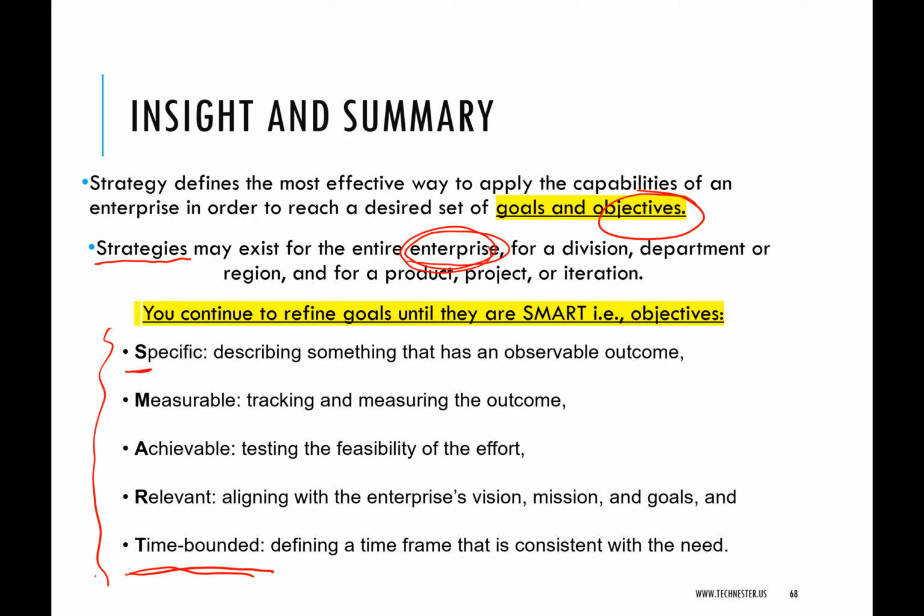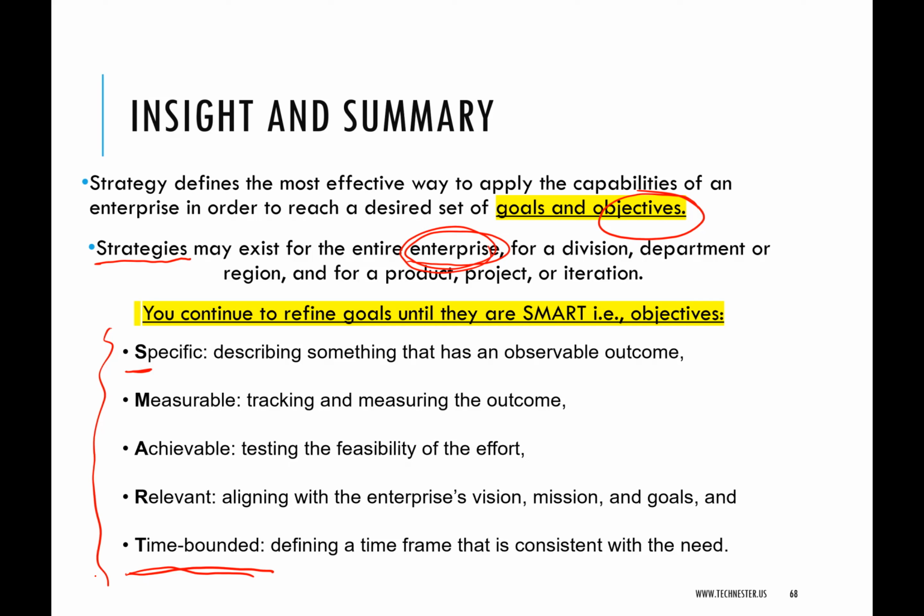The BA will now continue to work with whoever is championing that goal to clarify, to make it smarter. You can now refine that goal into something like: increase the number of students in the 25 to 55 age bracket by 40% within 6 months.